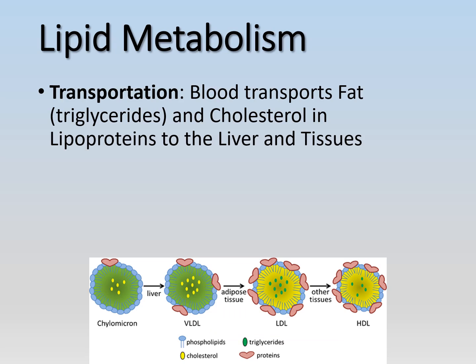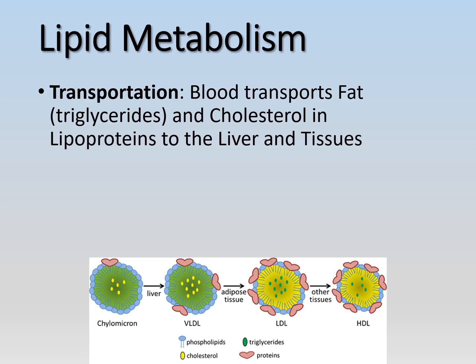So we know now how we absorb lipids, right? We have to break them down and we have to transport them. So how do we transport them? Well, blood transports the triglycerides and cholesterol in those lipoproteins, and those are then delivered to the liver and the tissues.